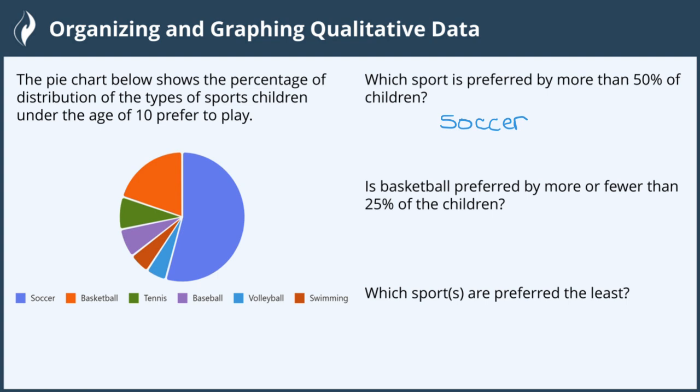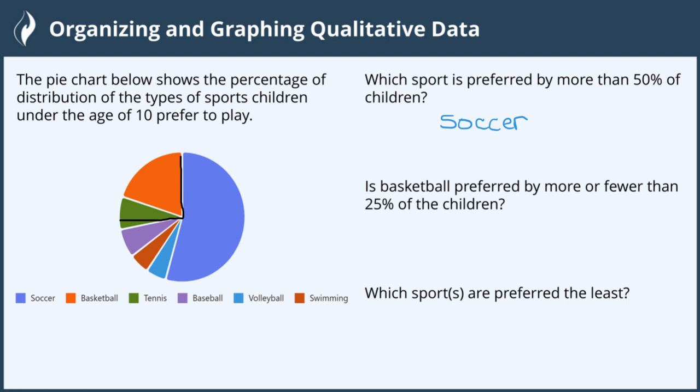Is basketball preferred by more or fewer than 25% of the children? 25% would be roughly 1/4 of this pie chart. So if we were to cut the pie chart into 4 equal pieces, 1/4 would be roughly this size.